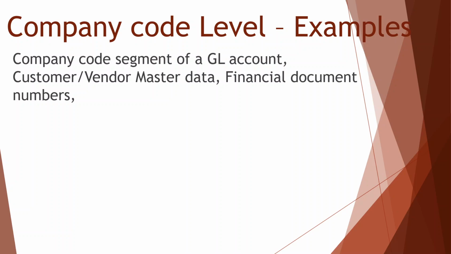Another very important example is your financial document numbers. You assign the number ranges to the document types at the company code level in the FBN1 T code. Hope you remember this. You do this as a setup before you start doing any kind of postings.